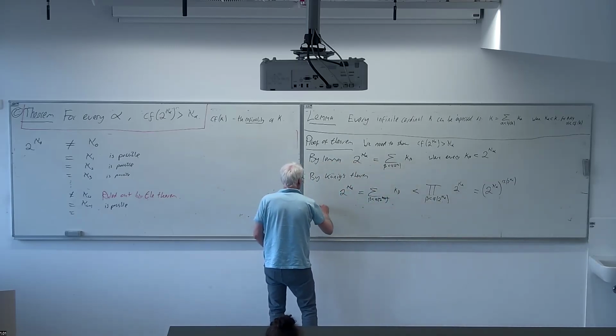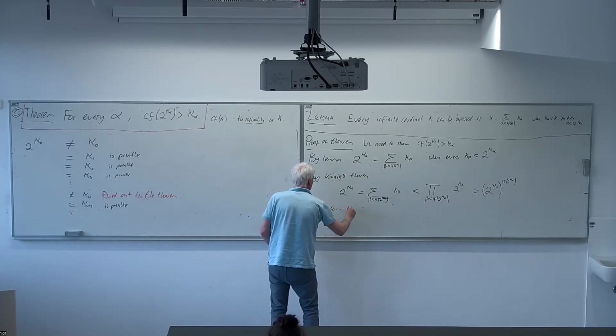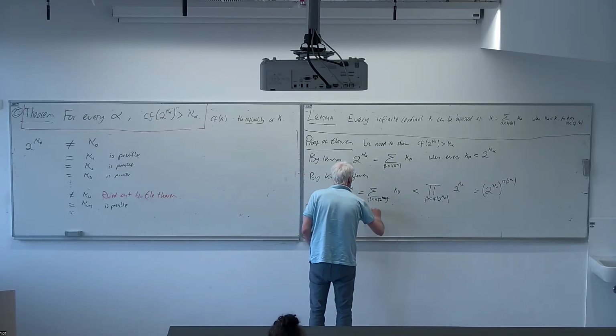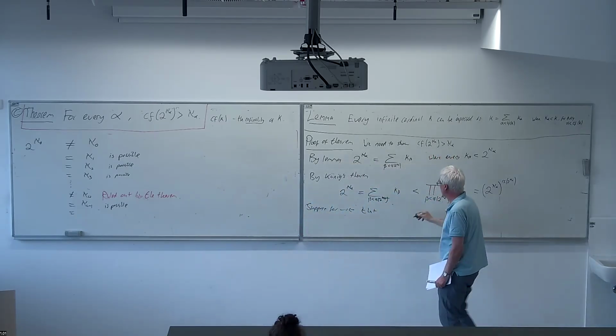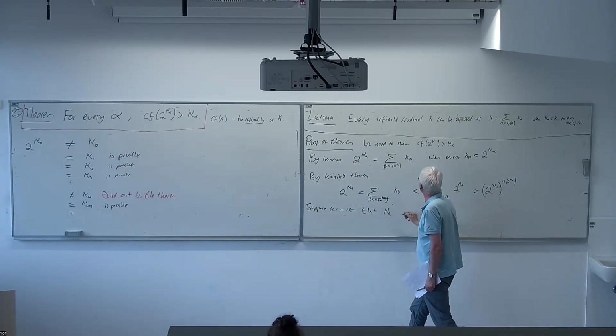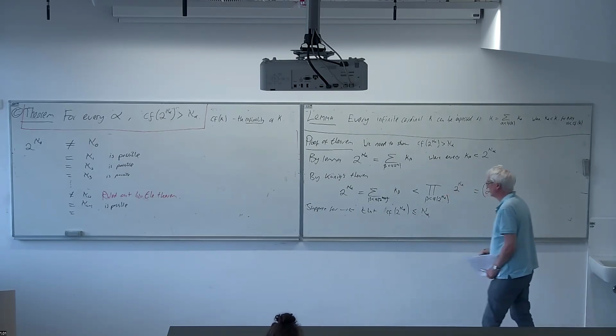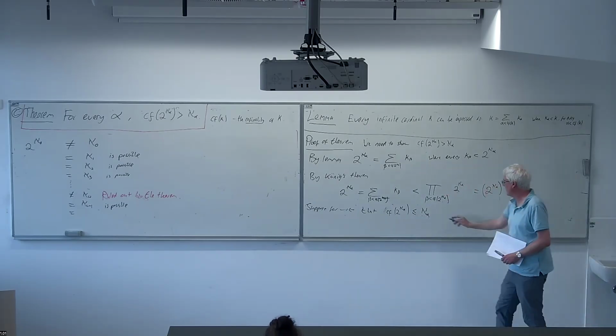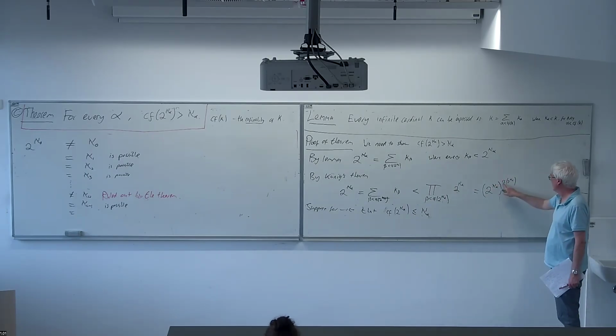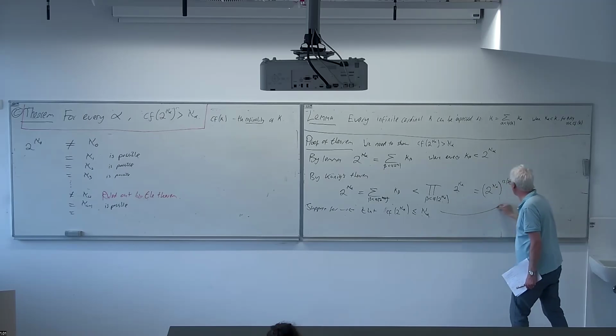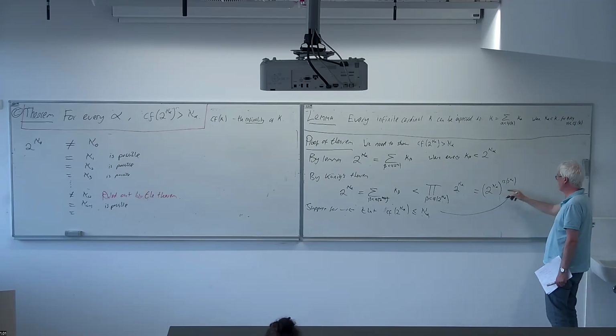In other words, that the cofinality of 2 to the aleph alpha is less than or equal to aleph alpha. But if we do that, this then allows us to carry on this reasoning here.